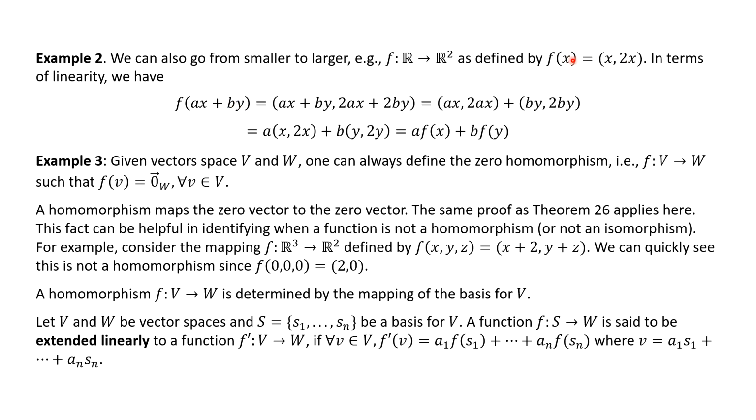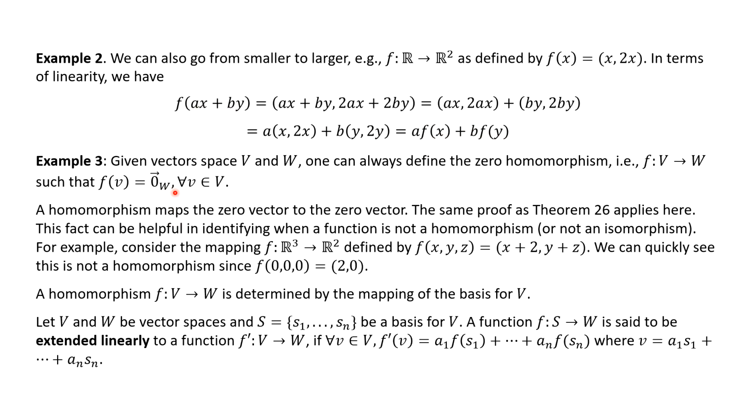Then we just use the definition of the function to get this. Then use the definition of addition in R2 to break this into two pieces. And then use the definition of scalar multiplication in R2 to factor out an a here and a b in the second term. And then we get a f of x plus b f of y, and that proves linearity.